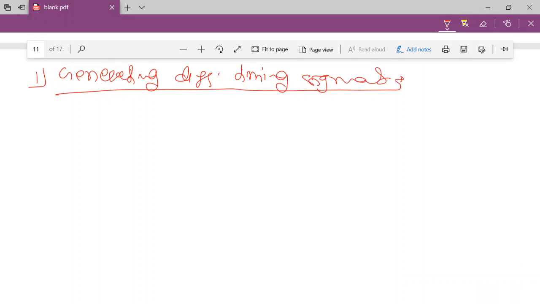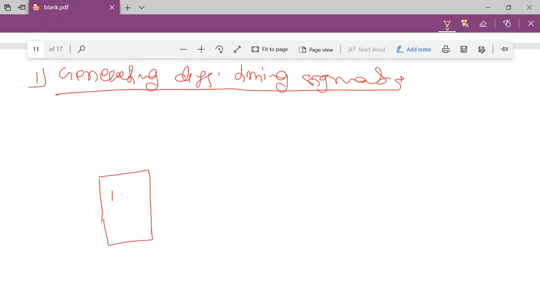Okay, I will draw the circuit, then we'll discuss. Probably you will get an idea of how it actually works. As I have already discussed, we want to change the duty cycle. Let me use a counter here.